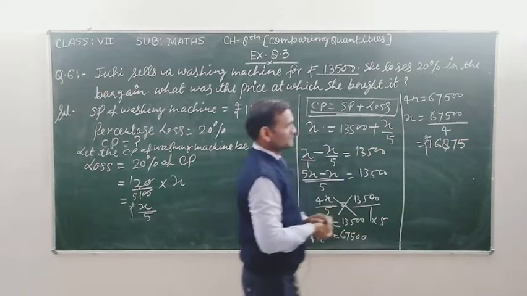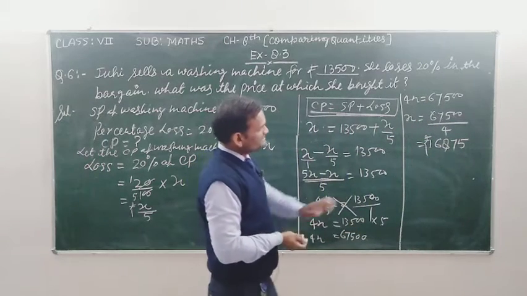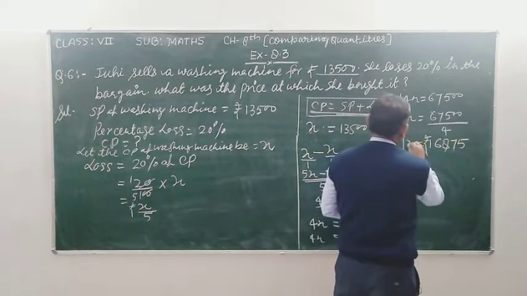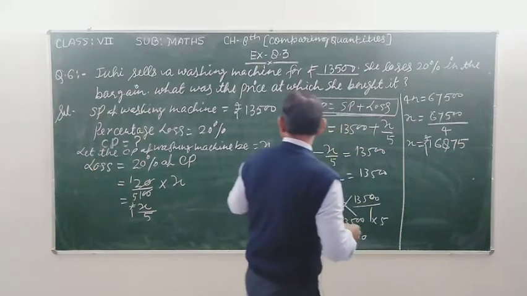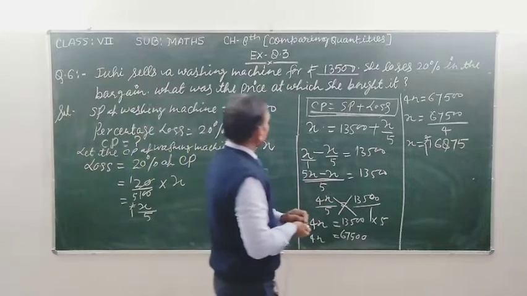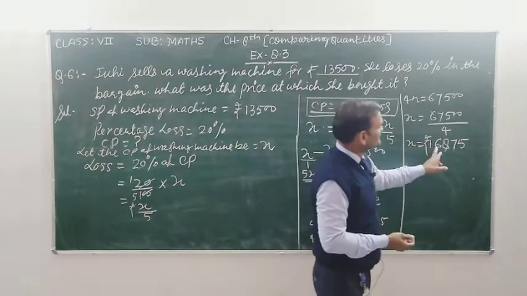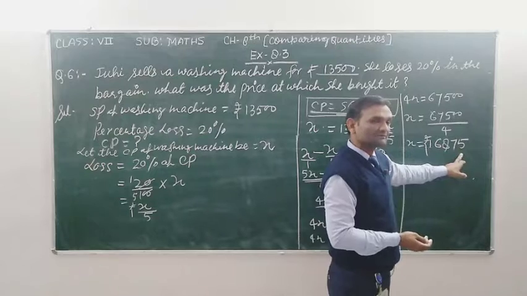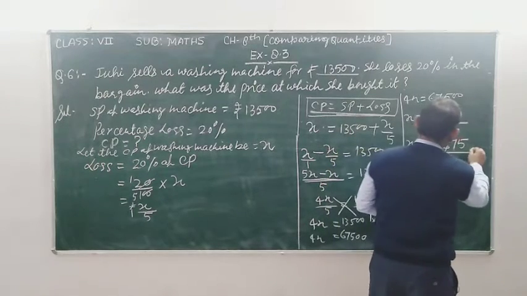It means this is my answer. This is x, and x you have assumed as CP. So you can say the CP of the washing machine is 16,875 rupees. This is my answer.